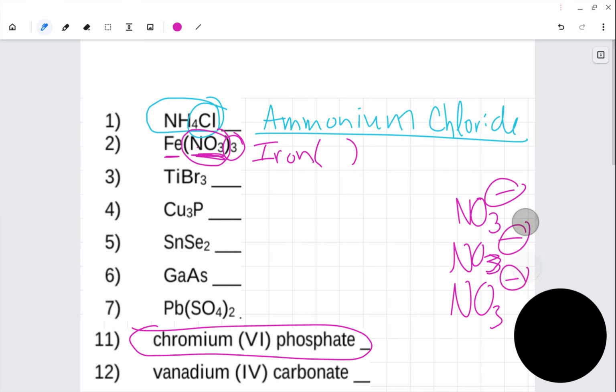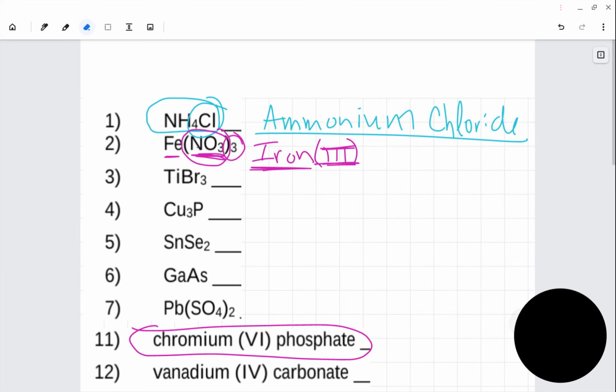So 1, 2, 3 means I have a -3 in nitrates. Therefore, my positive charge must have added up to a positive 3. And you just use the Roman numeral 3 on your Chromebooks. Just type left parenthesis, capital I, capital I, capital I, right parenthesis.